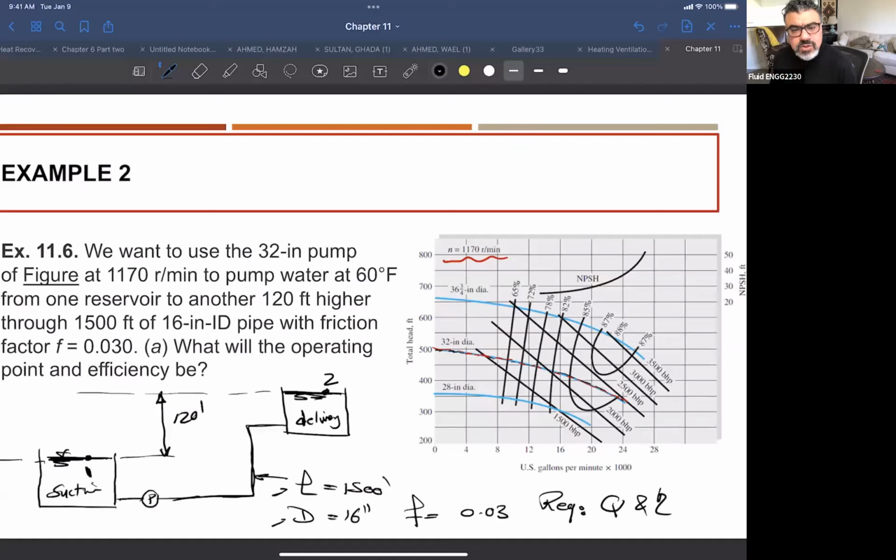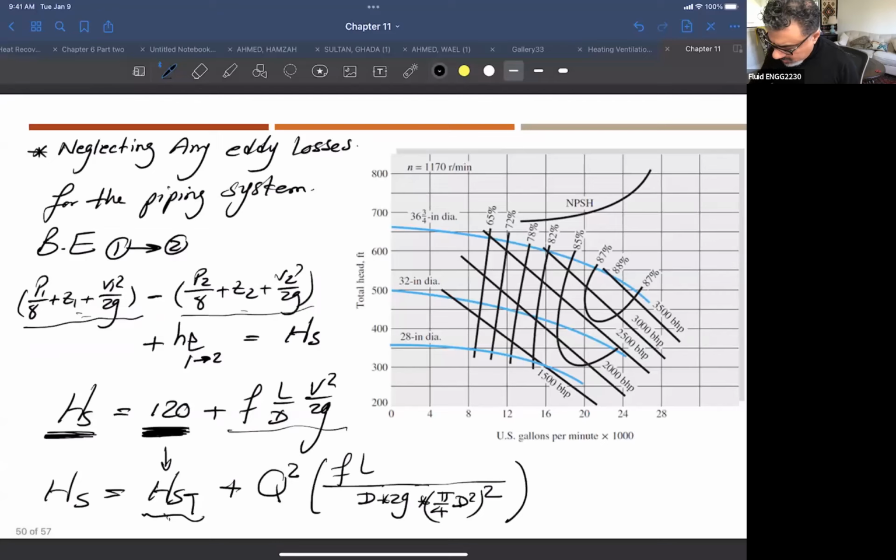So all the time, use the same process. Every time, see what the delivery side static head is, minus the suction side static head. In this case it is positive because the delivery is higher than the suction, by 120.